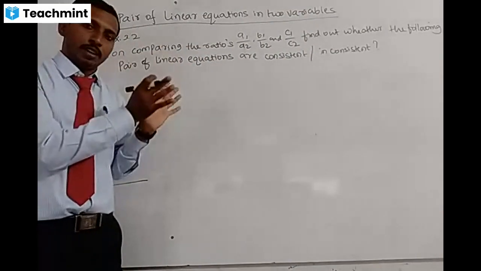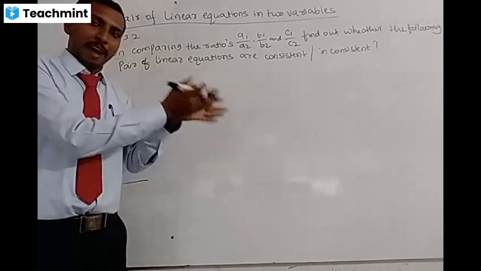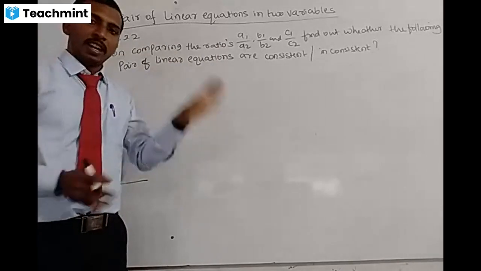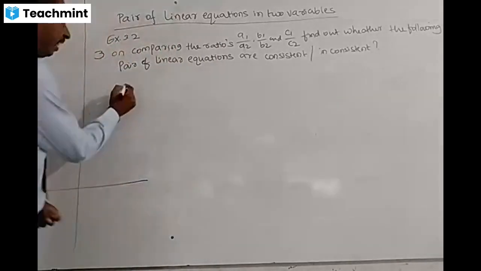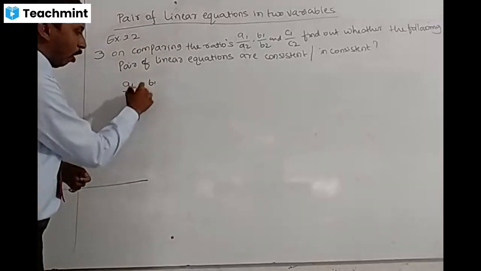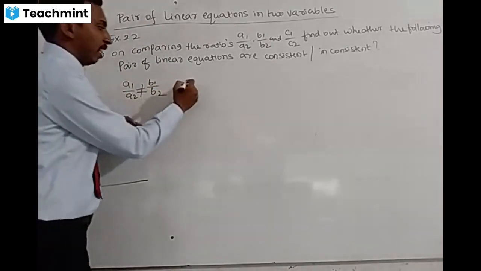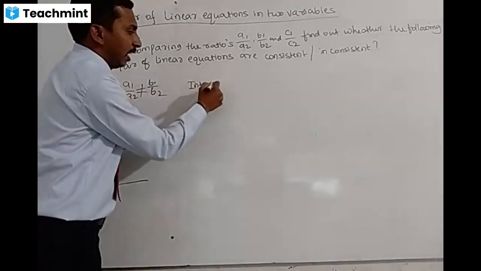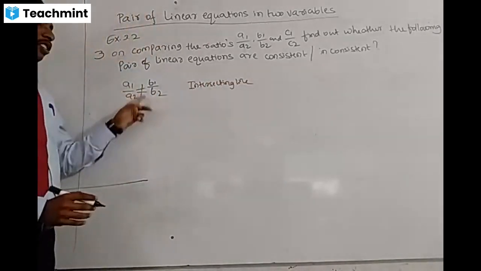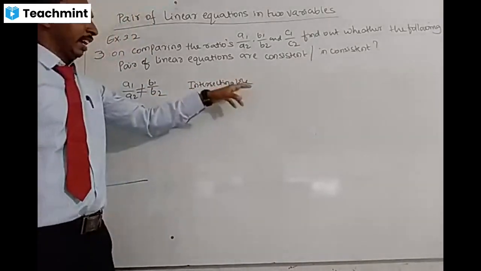By comparing the ratios, we can understand whether the lines are parallel, intersecting or coincident. If A1 by A2 is not equal to B1 by B2, then the equations represent intersecting lines.